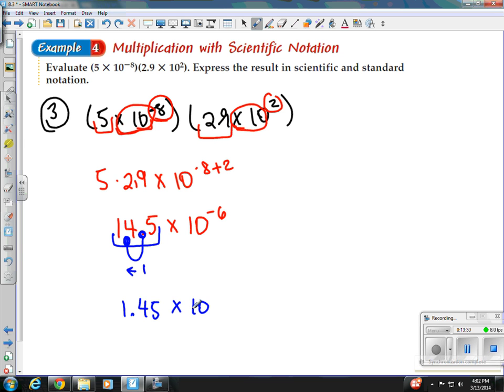Now because I moved the decimal, I have to adjust my power. And because 14.5 was bigger than 10, I have to add 1 to it. So negative 6 plus 1 is negative 5. Also, where you moved it to the left, left is positive. And positive means plus. So plus 1 down here means you have to add a plus 1 to your negative 6.